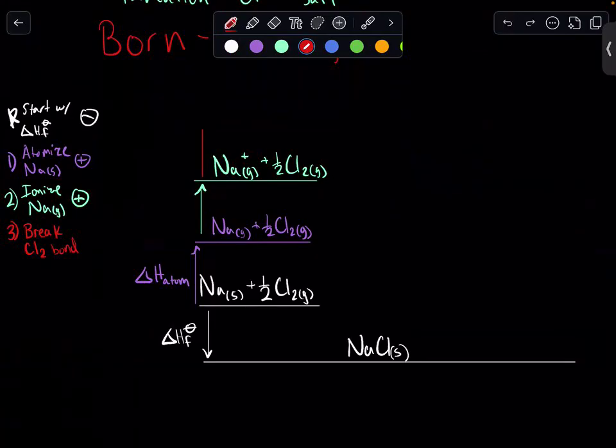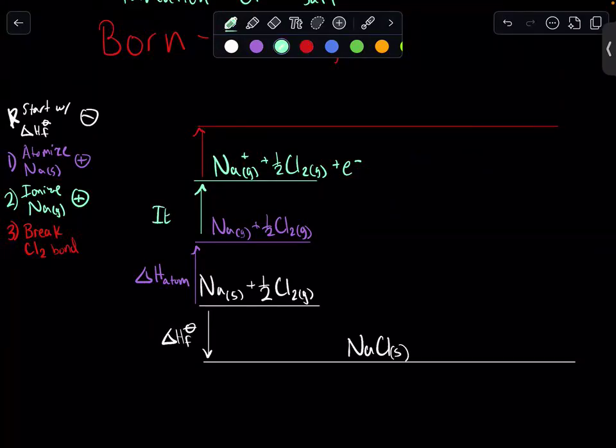Let's make sure I'm doing this properly. We forgot one thing. When we make a gas, we add an electron. Gasp. I have to make sure I keep that consistent. And I missed ionization energy 1 of sodium.